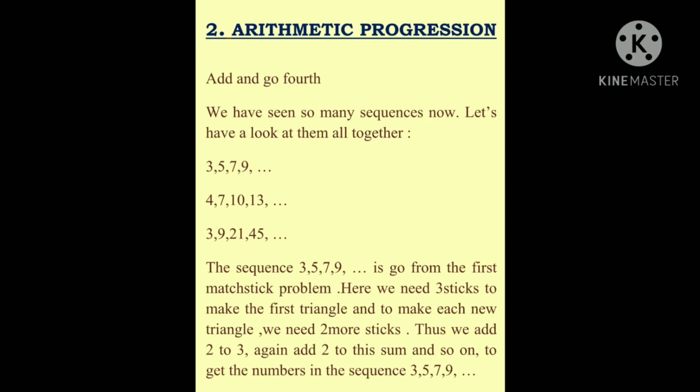The sequence 3, 5, 7, 9 and so on comes from the first matchstick problem. Here we need 3 sticks to make the first triangle, and to make each new triangle we need 2 more sticks. Thus we add 2 to 3, again add 2 to the sum and so on, to get the numbers in this sequence 3, 5, 7, 9.